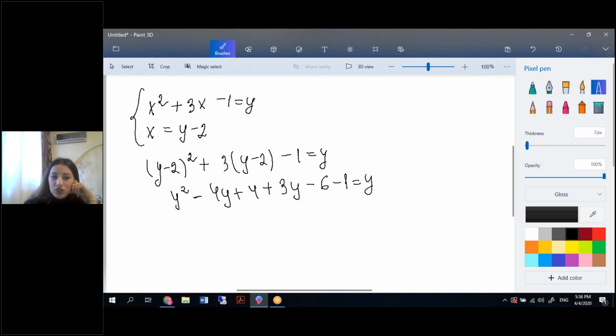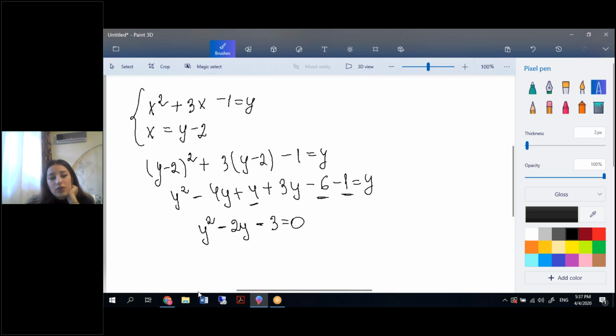From here, we can just simplify this equation. We get y squared, minus 4y plus 3y gives us minus y, and also this minus y, now minus 2y, and these coefficients 4 minus 6 minus 1 give minus 3, equals 0.